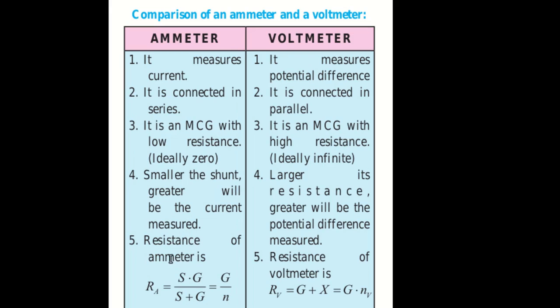The effective resistance of the ammeter can be calculated using our regular addition of parallel resistances. So this will become S into G divided by S plus G. And in case of the voltmeter, they are connected in series, so they will simply get added: G plus capital X. So this is the difference between ammeter and voltmeter.